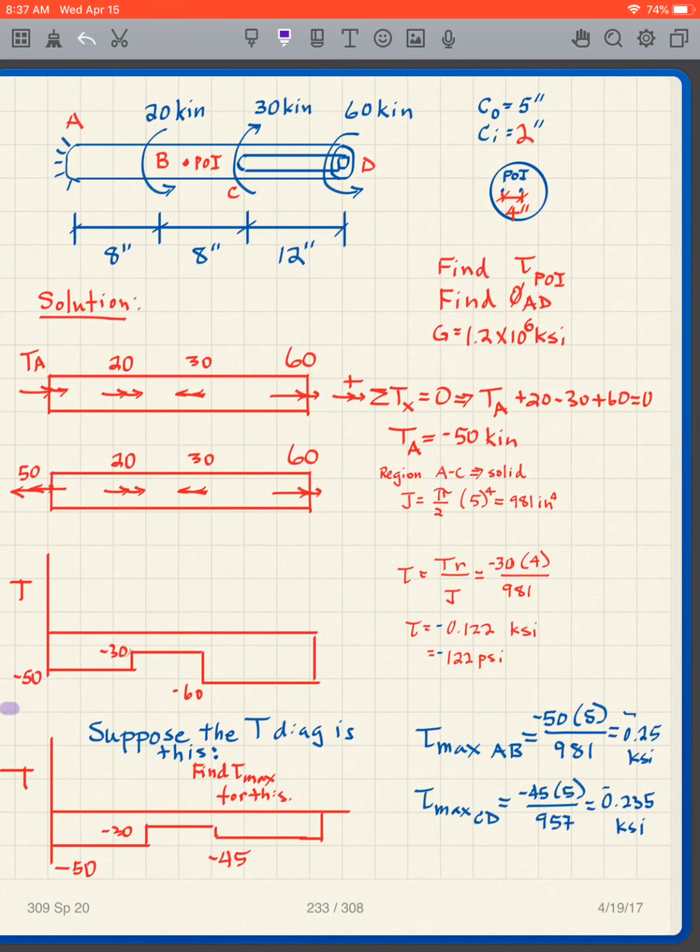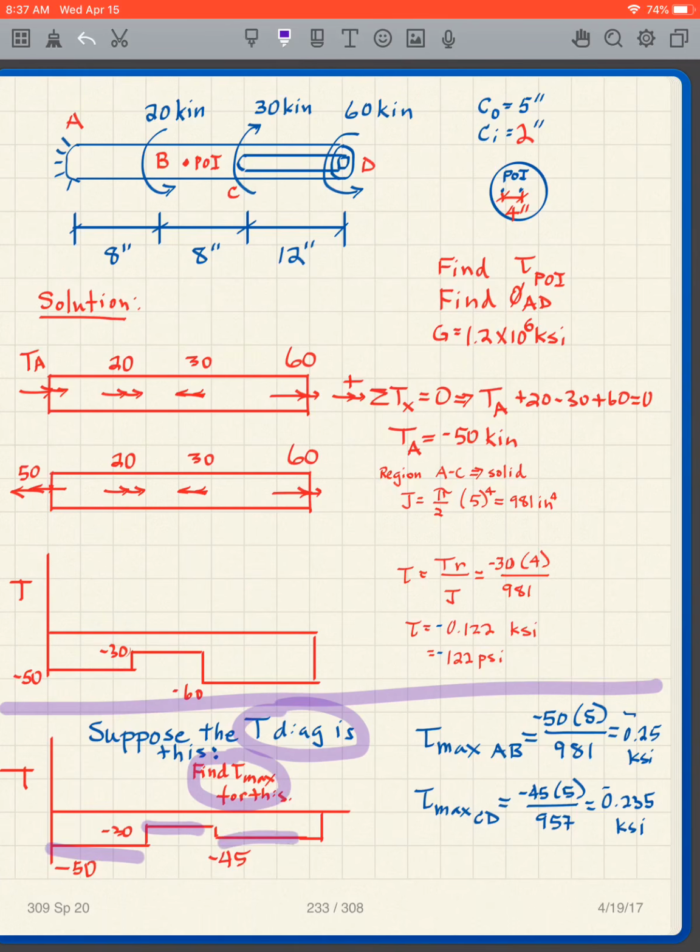Okay, now here's a separate problem. Suppose the torque diagram is this, and we're asking you to find tau max for this. Other dimensions are the same, but I'm at negative 50, then negative 30, then negative 45. I've got a dilemma here.